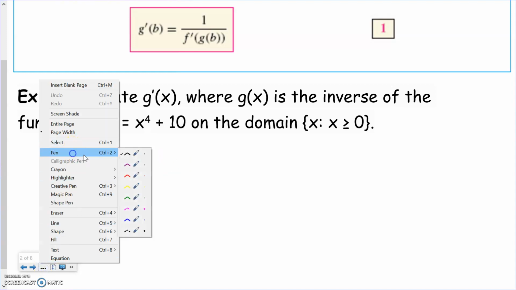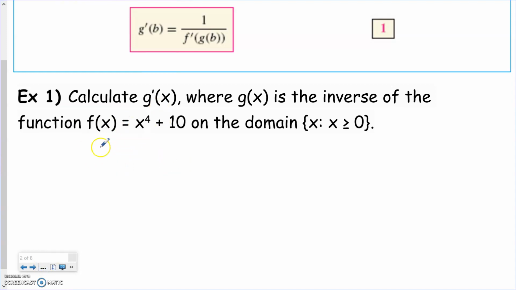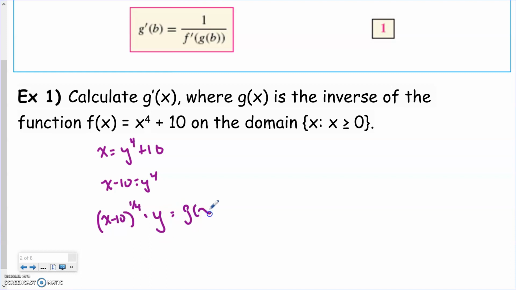If you don't remember, to find the inverse of a function, we switch our x and y, and then we solve for y, which should be x minus 10. So we could take the fourth root, which is the same as saying the 1/4 power. So this is going to be g of x.